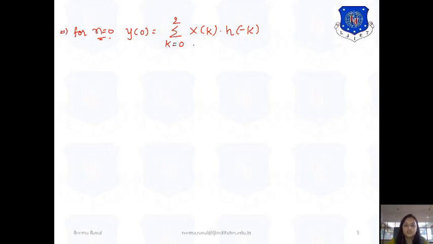Now for this we have to plot these two sequences, that is discrete sequence x of k and discrete sequence h of minus k, from the given values of x of n and h of n. So over here x of n is given to you as 1, 1, 1 and h of n is given to you as 1, 1, 1, right?